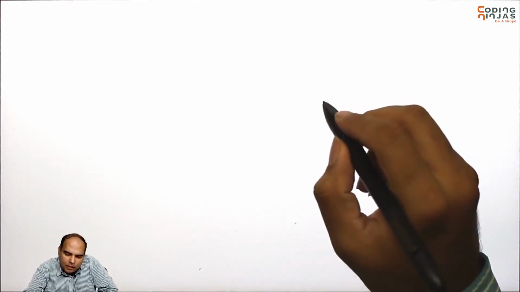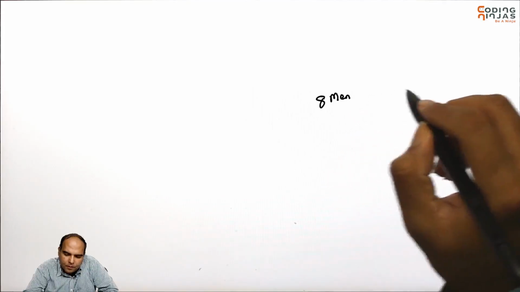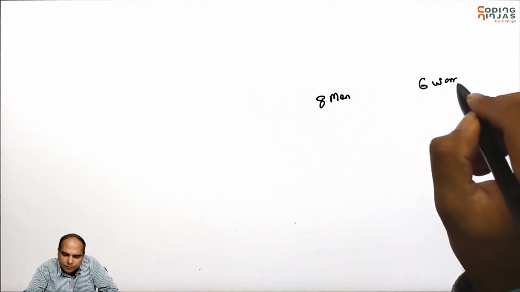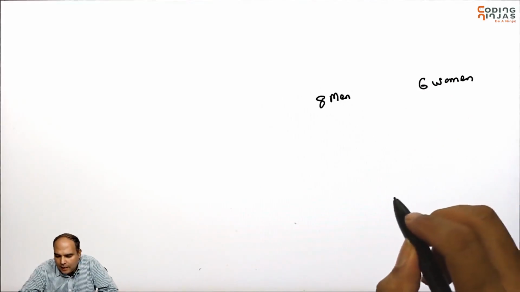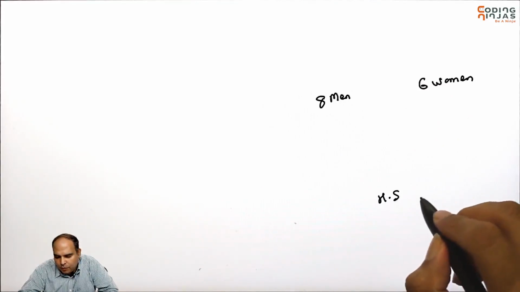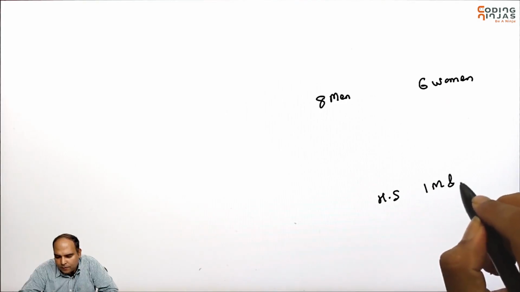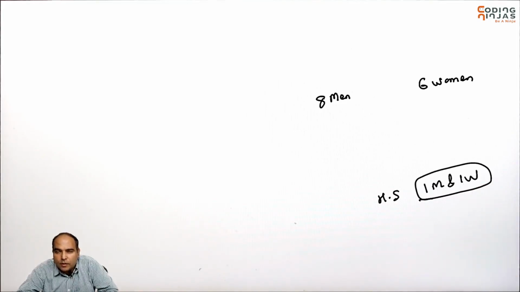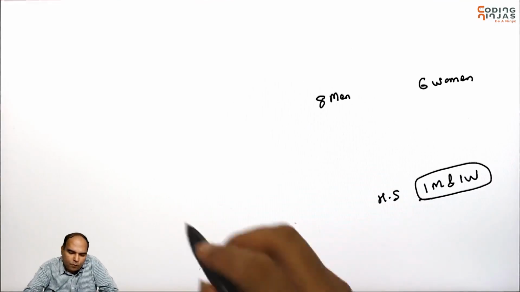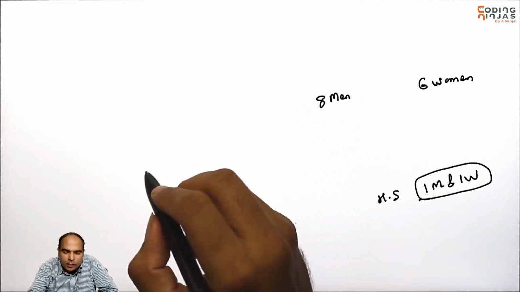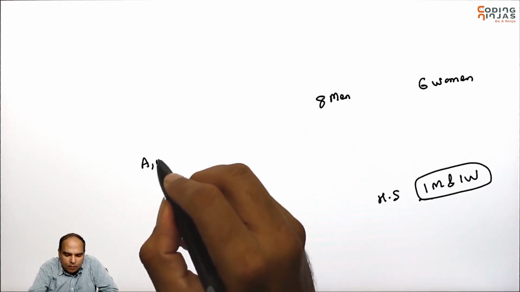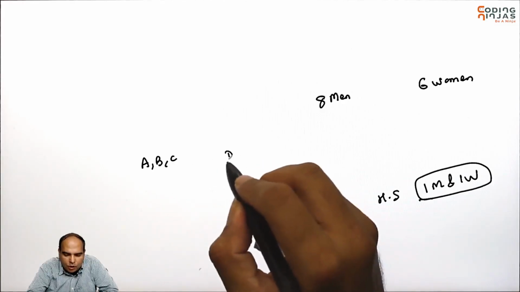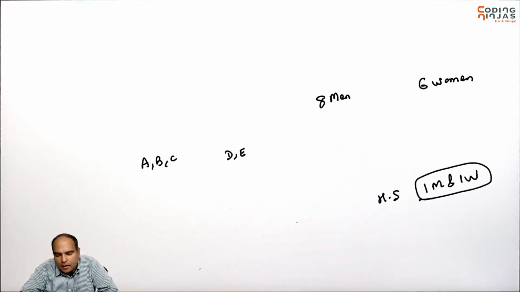Let's say in a room there are 8 men and 6 women, and handshakes are held between 1 man and 1 woman. Every man shakes hands with every woman once. So in this scenario, how many handshakes will happen? If you want to take a smaller case to visualize, let's say there are 3 men in the room A, B, C and 2 women in the room D, E, and they start shaking hands with each other.